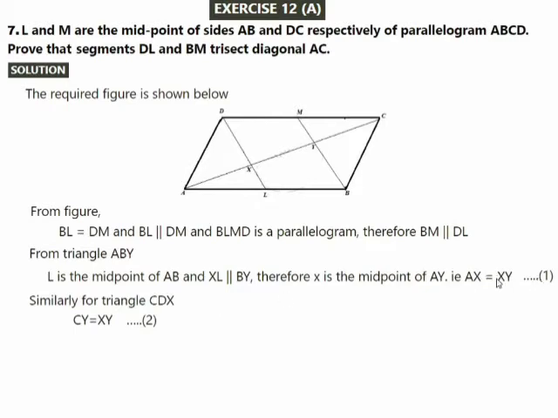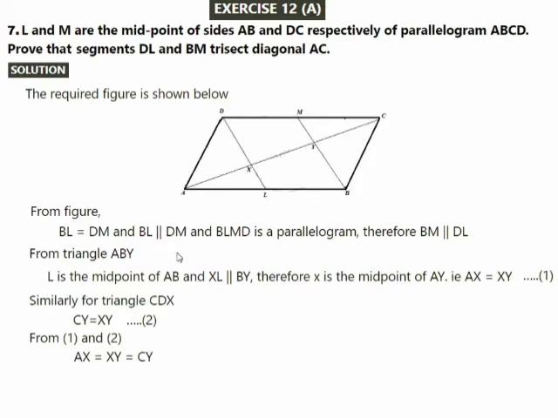Let me call this equation 1, and this equation 2. There is XY here and XY here, so can I combine these together? AX is equal to XY, and this XY is equal to CY. So in combined way, AX is equal to XY and this is equal to CY.